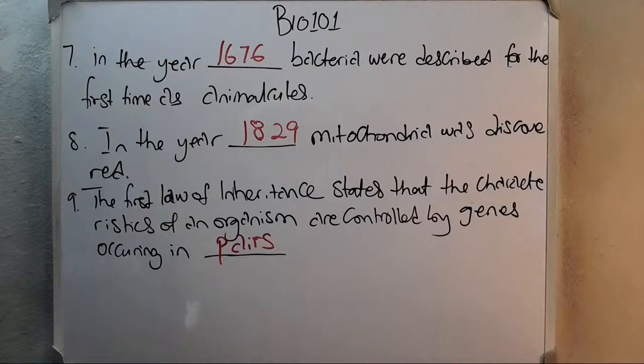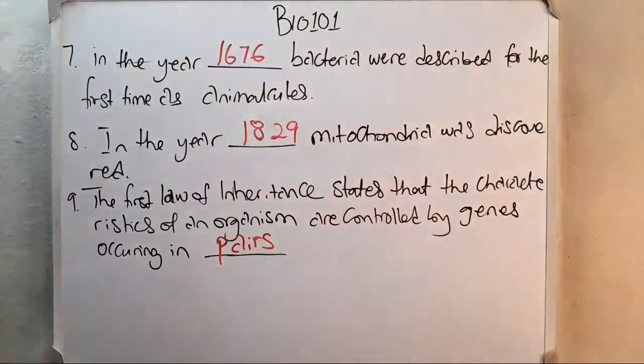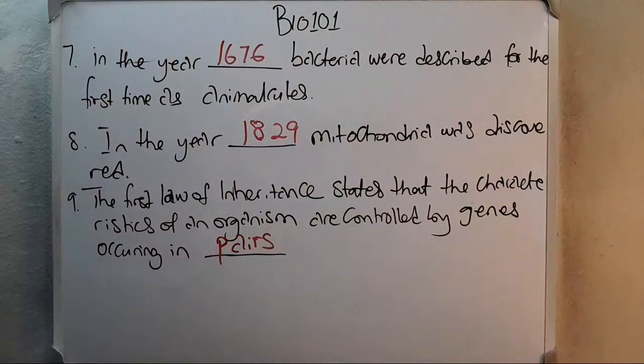Now let's take this. Dash is a kind of division that will have the chromosomes halved after division.